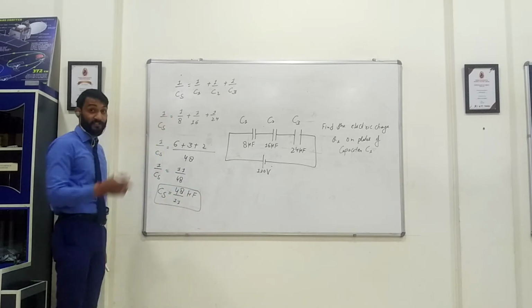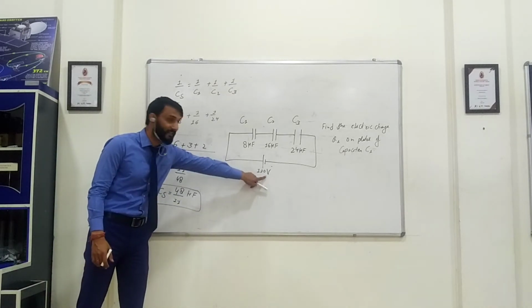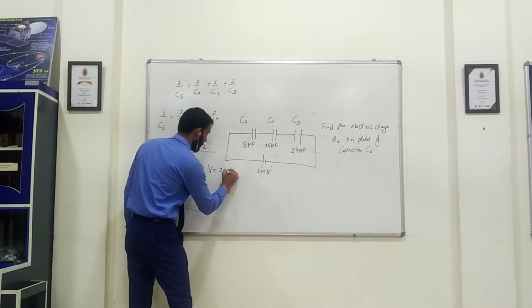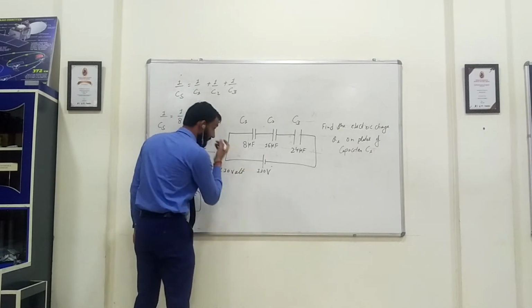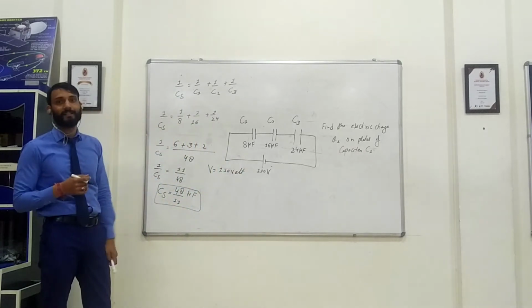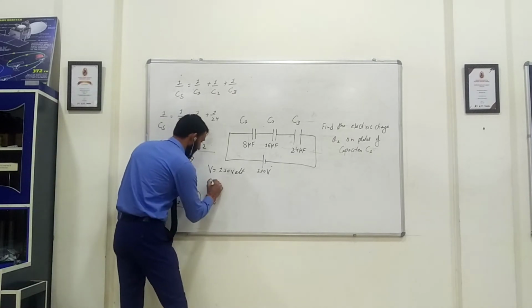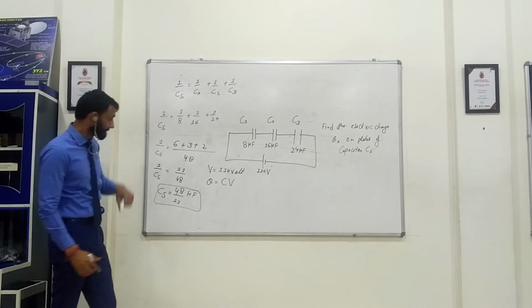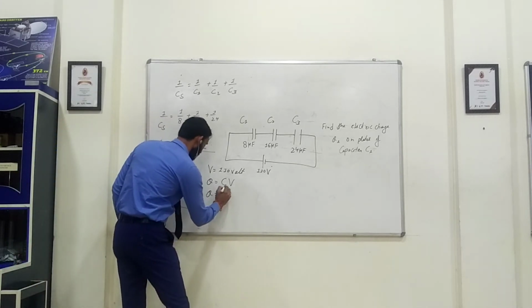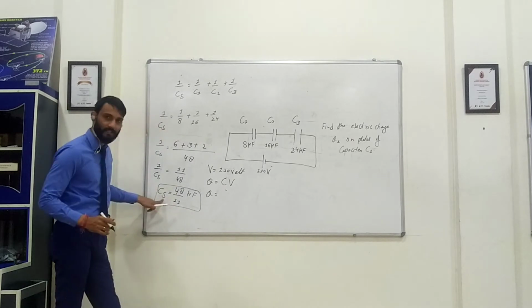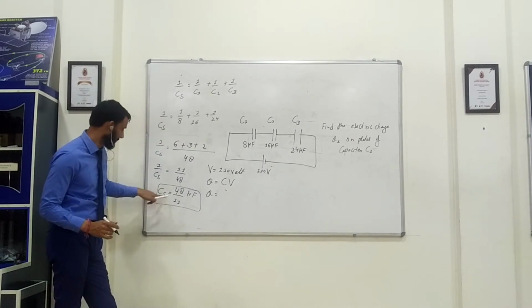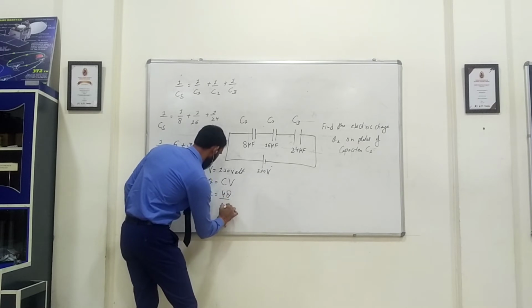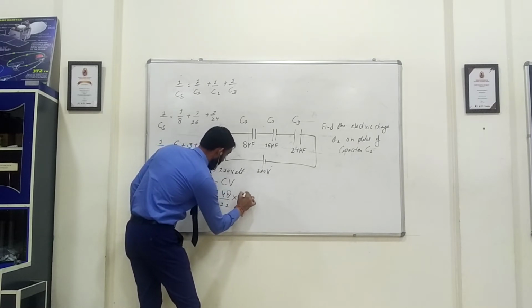Now what is the net potential in the circuit? Net potential in the circuit is this, V. So V is equal to 110 volt. So what will be the net charge in the circuit? Net charge in the circuit will be Q is equal to CV. We all know this formula. So Q is equal to Cs, the net capacitance, so that will be 48 upon 11 into 10 to the power minus 6.